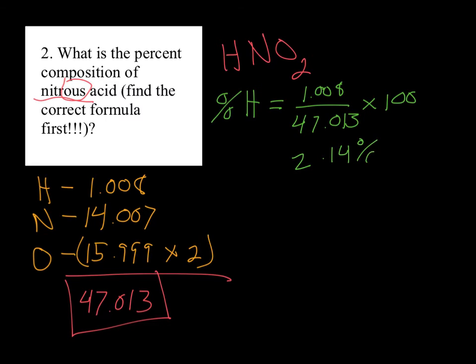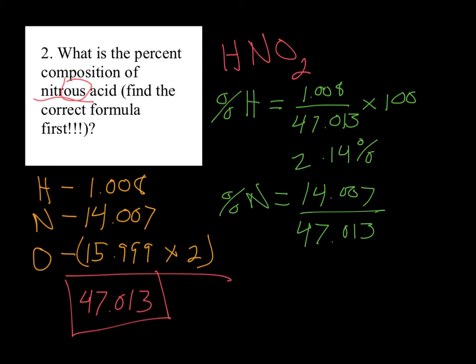2.14%. And then my percent nitrogen is going to be 14.007 divided by my total mass of 47.013 times 100, which is 29.79%.